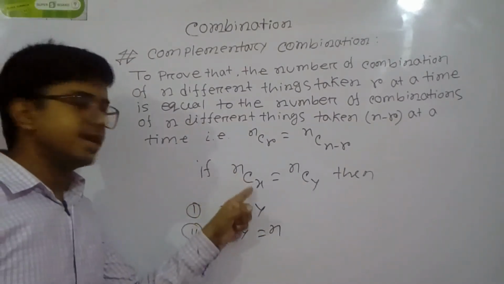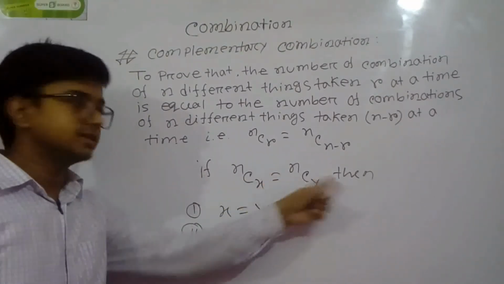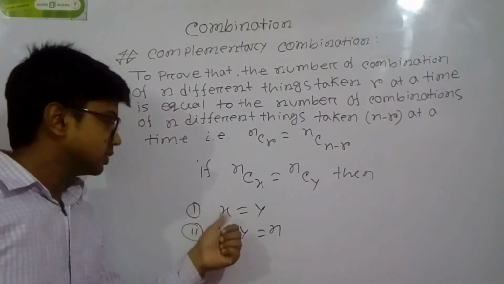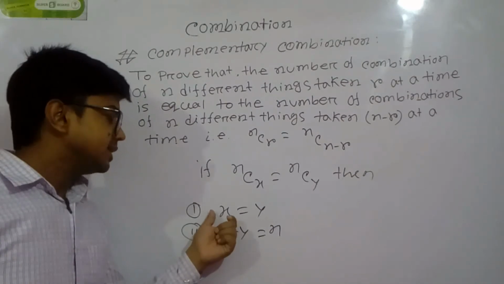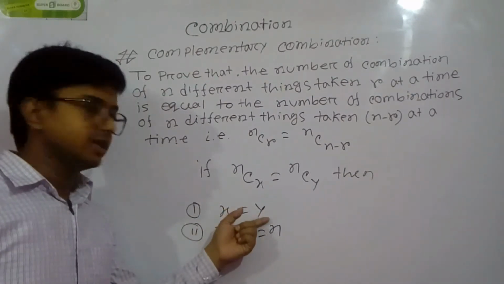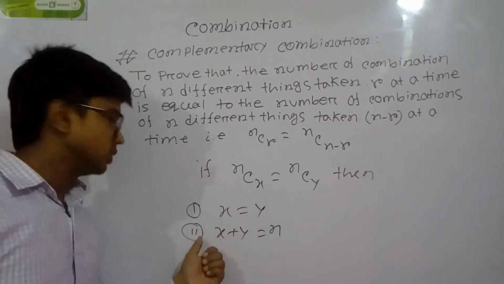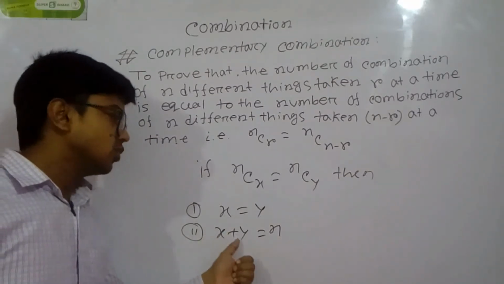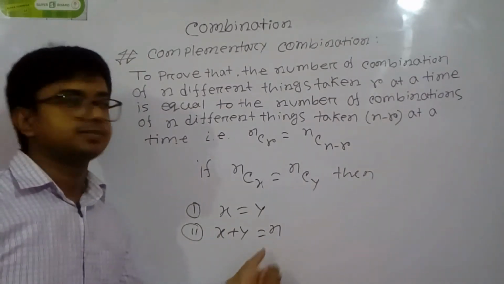If nCx equals nCy, then the first condition is x equals y, and the other one will be x plus y equals n.